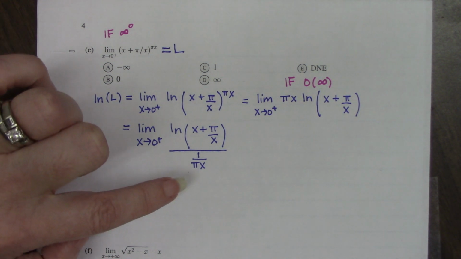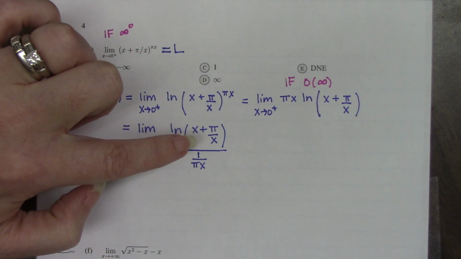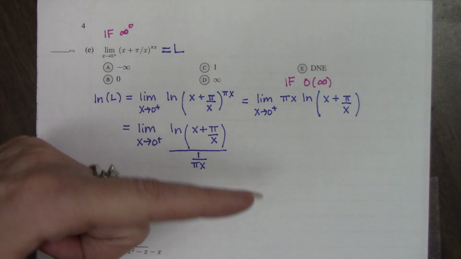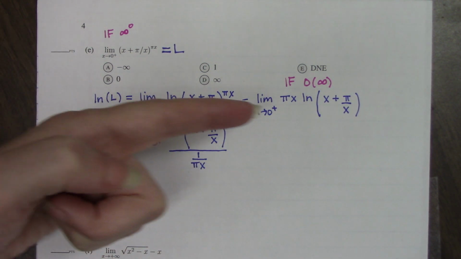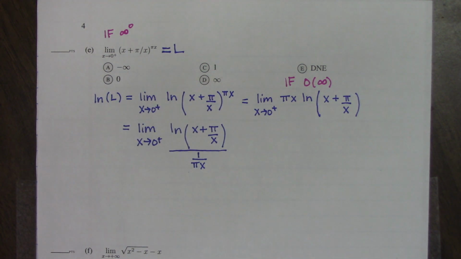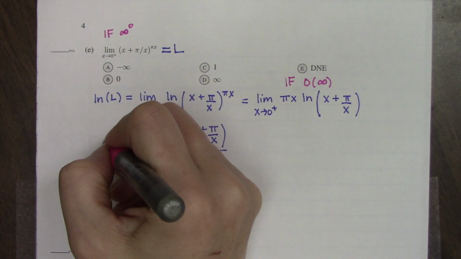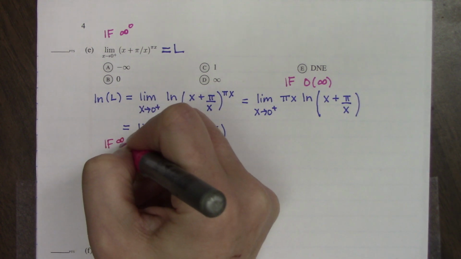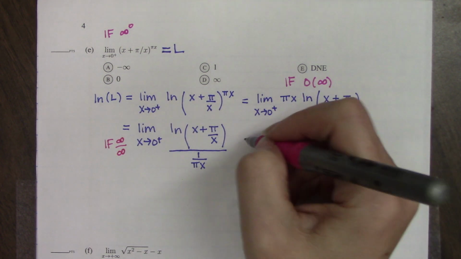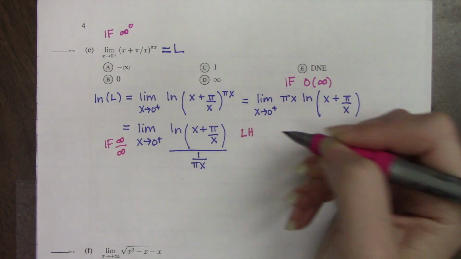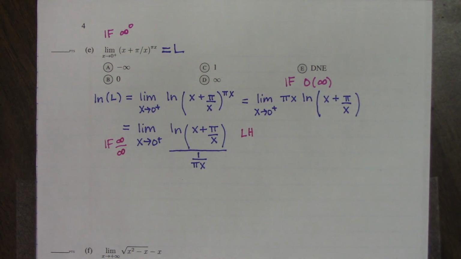If we want to check ourselves, we have this divided by a fraction. If we multiplied by the reciprocal of that fraction, we would come right back to where we started. Now, if we attempt direct substitution, we have an indeterminate form of infinity over infinity, and that's awesome because that now allows us to use L'Hopital.